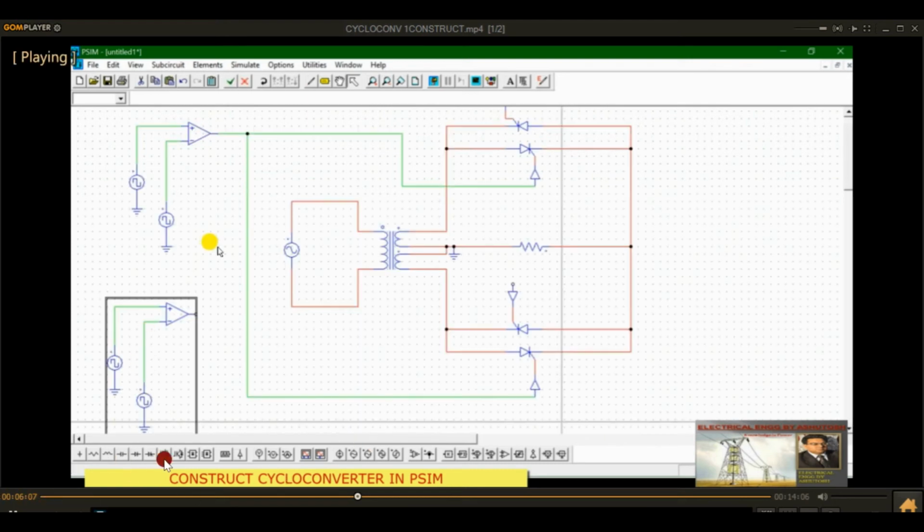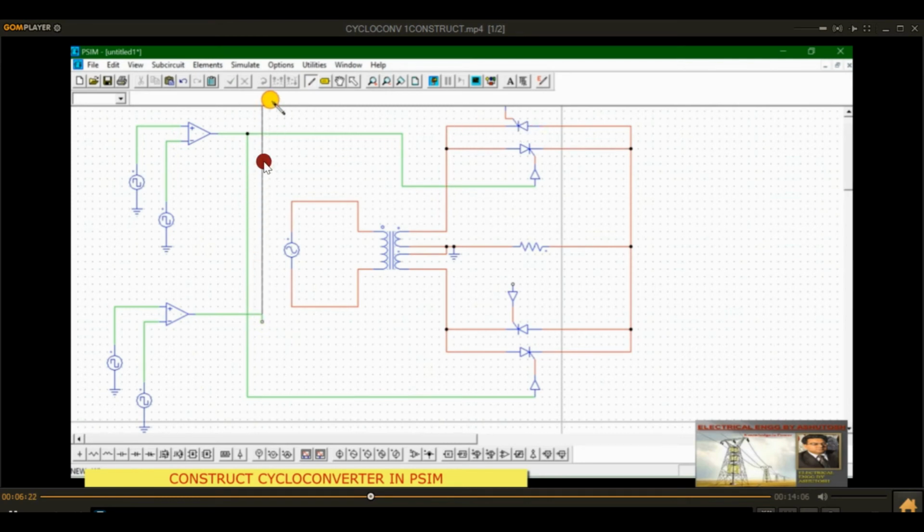Okay, now see, the gating terminals of N1 and N2, because these are reverse connected.